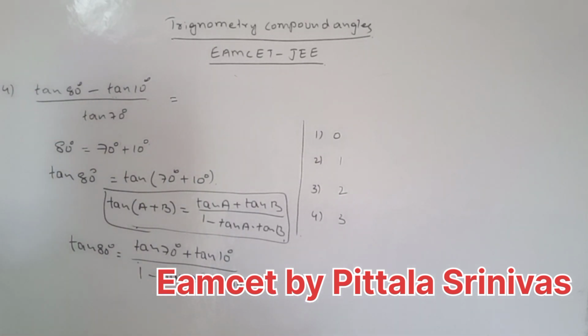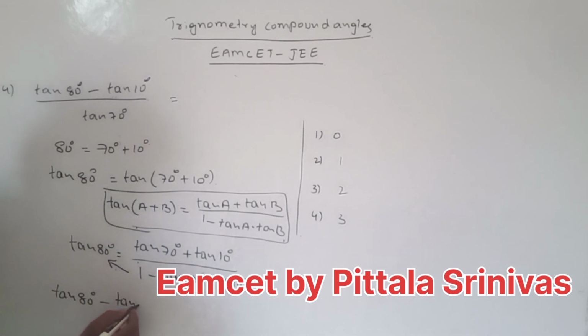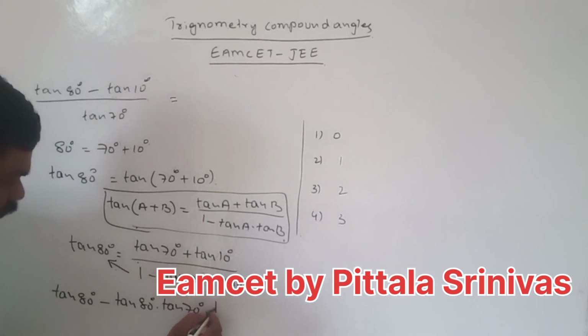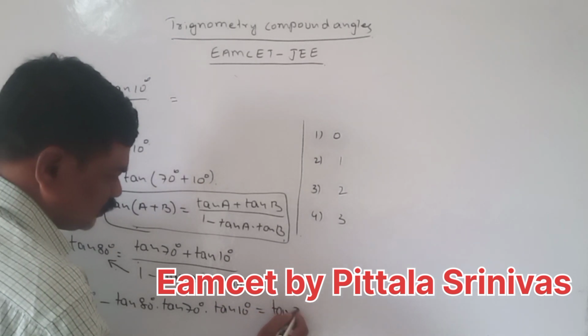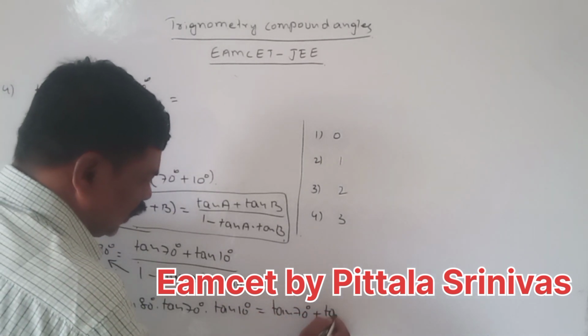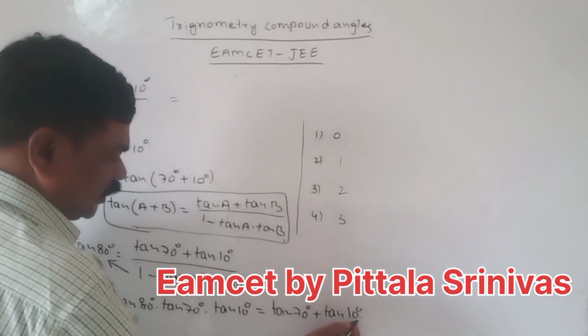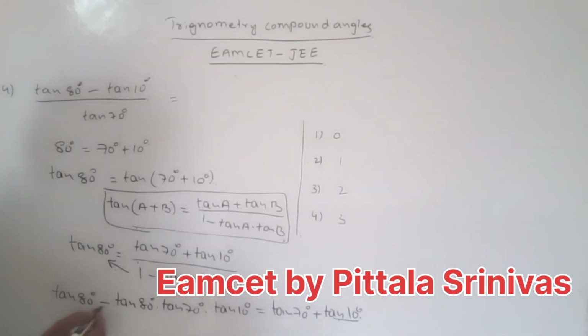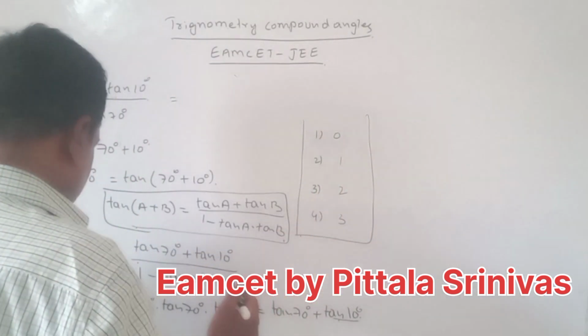Okay, all. So we have this one by cross multiplication. Tan 80 degrees minus tan 80 degrees into tan 70 degrees into tan 10 degrees is equal to tan 70 degrees plus tan 10 degrees. So you take tan 10 degrees to this side, and this one to this side. What will we have?